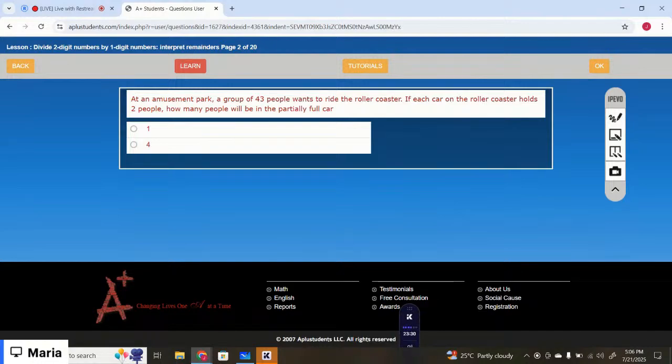At an amusement park, a group of 43 people wants to ride the roller coaster. If each car on the roller coaster holds 2 people, how many people will be in the partially full car?